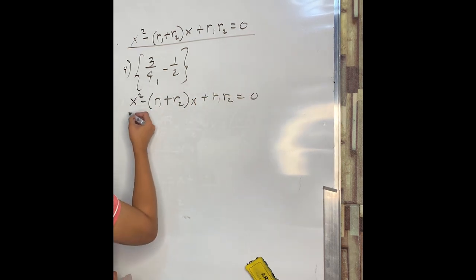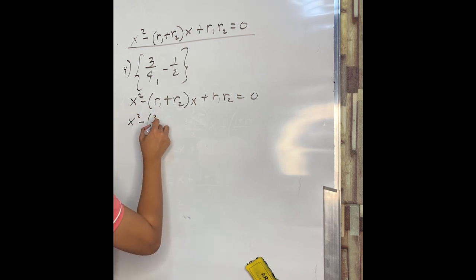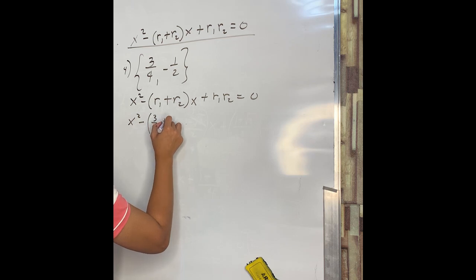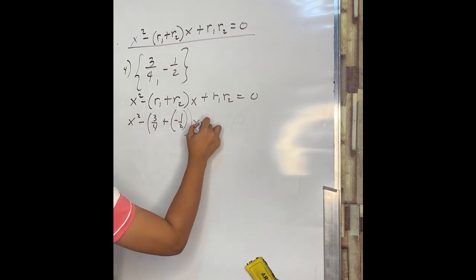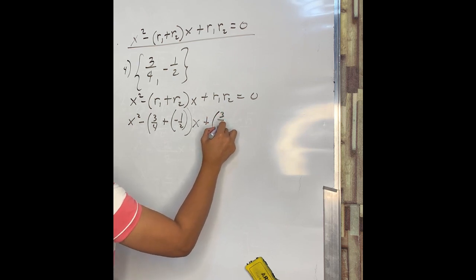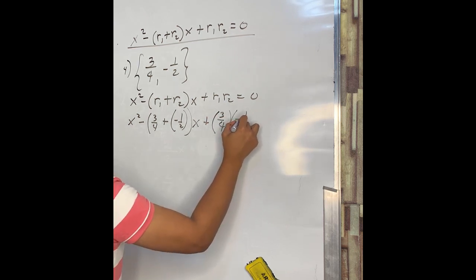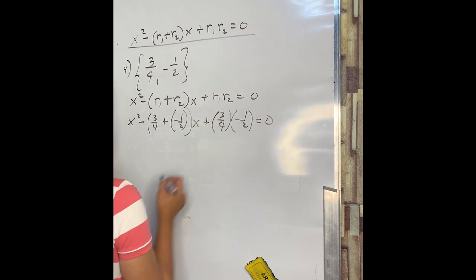Substituting the values of our roots, you will have 3/4 plus negative 1/2, x plus 3/4 times negative 1/2 is equal to 0.